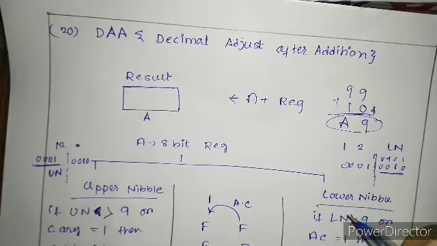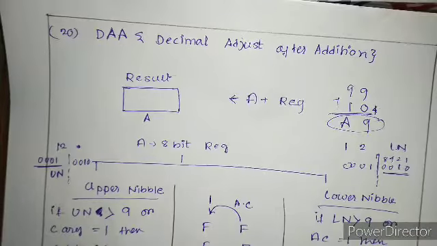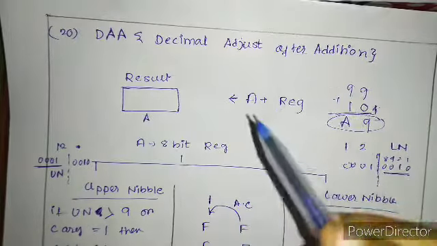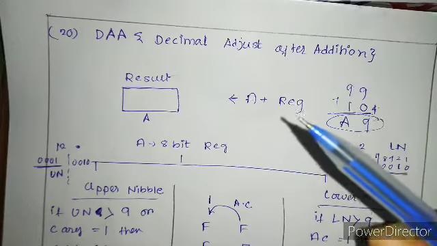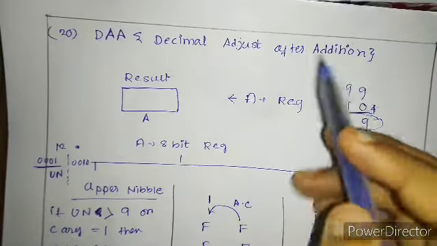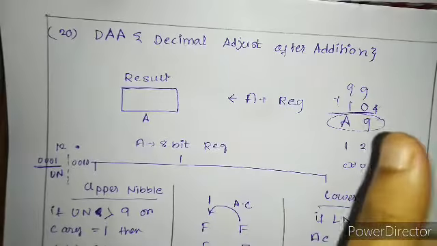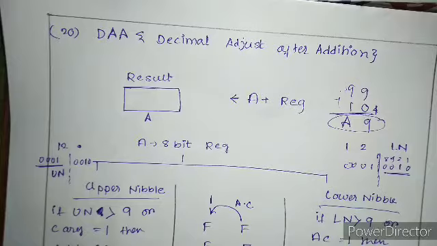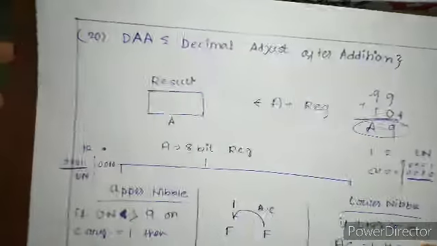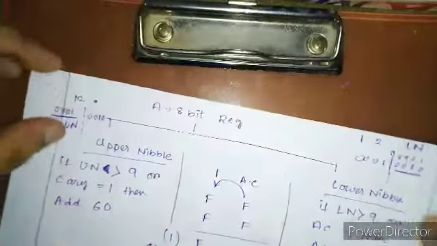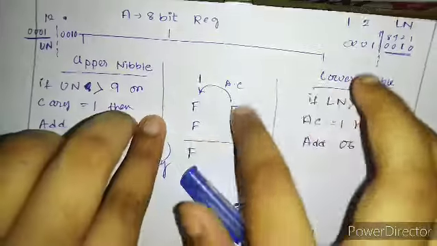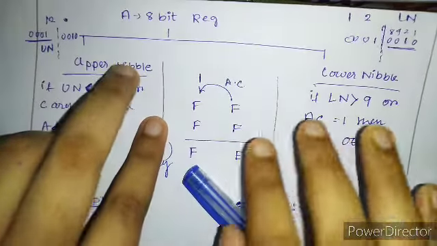As we know, the accumulator is an 8-bit register, so the result gets stored in the accumulator by default. You know this is an 8-bit number, a byte, right? The first 4 bits are the lower nibble, the next 4 bits are the upper nibble. In DAA, actually this example is not correct in this case.